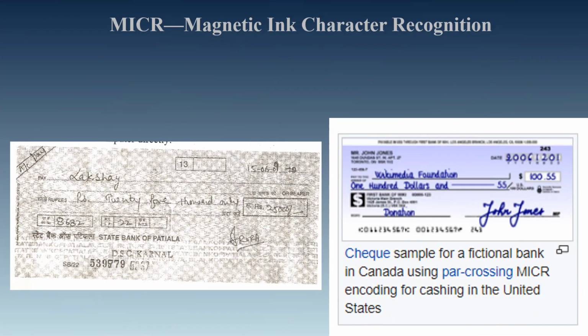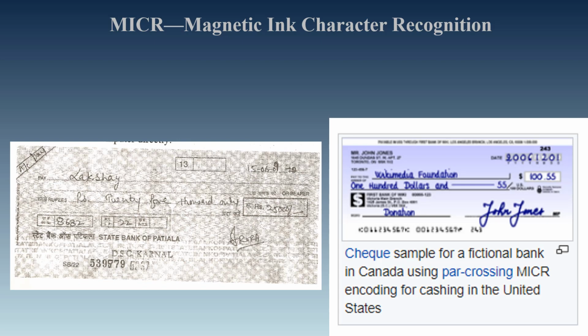Next input device is MICR, magnetic ink character recognition. Generally I have seen its application in the banking sector. On the left hand side, this is the checkbook, and you can see some bold letters here. It's printed using magnetic ink.